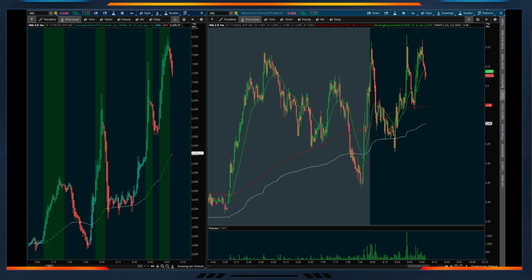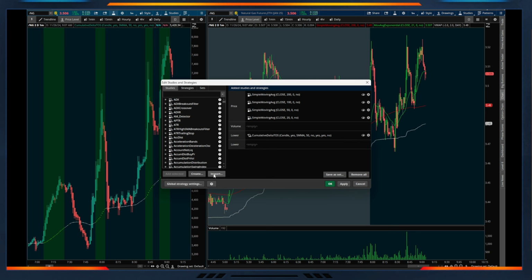I'll drop a link on how to import this into your environment, but essentially this is a custom indicator, a custom study. You'd come up here to the funnel, and then you can import the link that I have down in the show notes for this indicator, and it's called the Cumulative Delta TOS. Once you've imported that correctly, you should have an option to bring that forward into your environment.